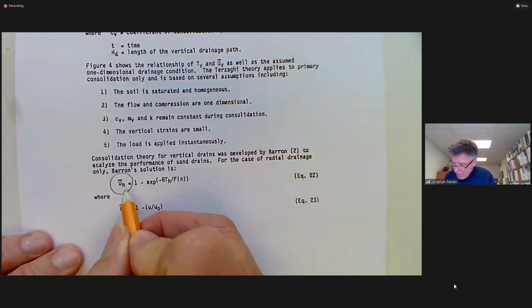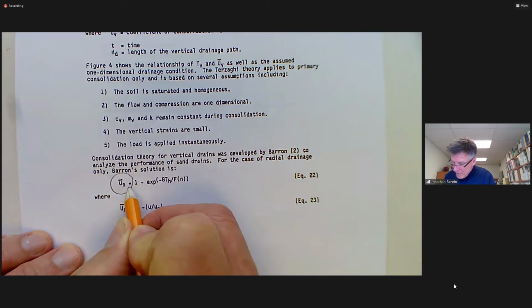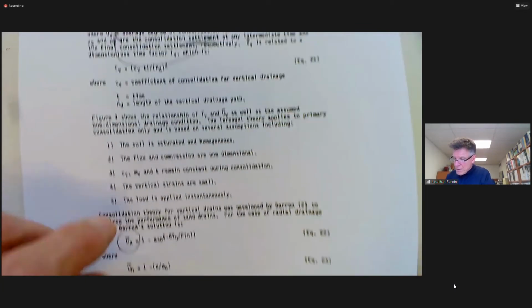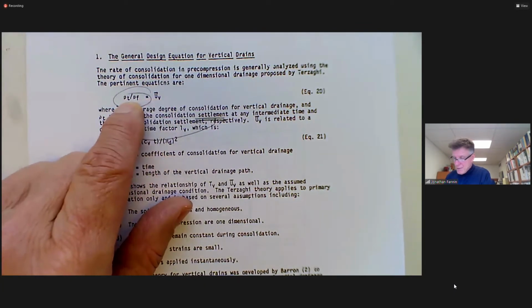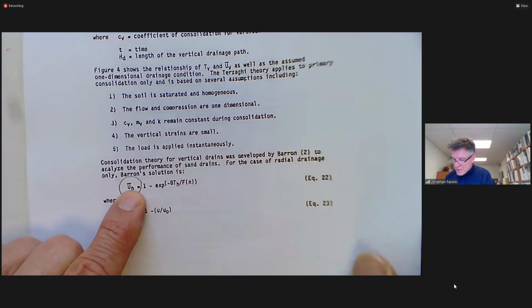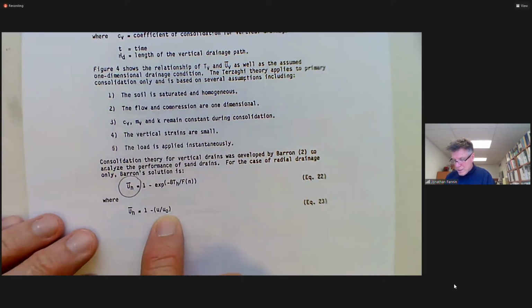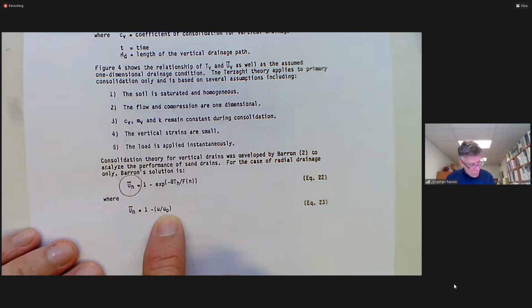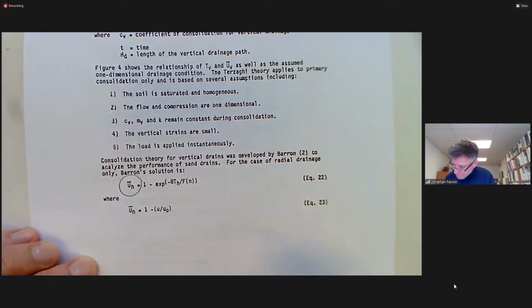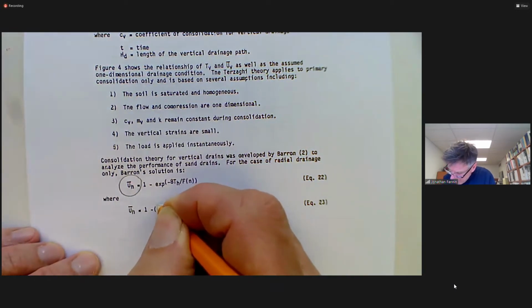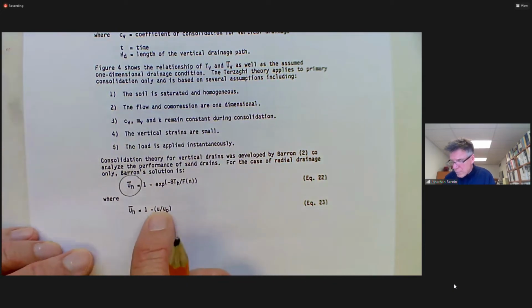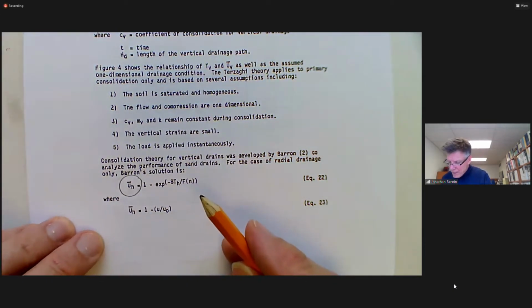And that can be expressed with regard to settlement, or shown here with regard to excess pore pressures. I'm going to leave it without little bars on it, but we'll see when we go over the page.